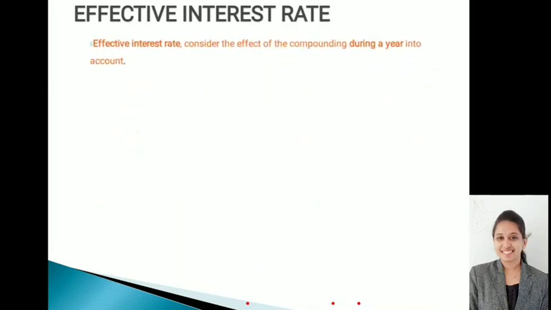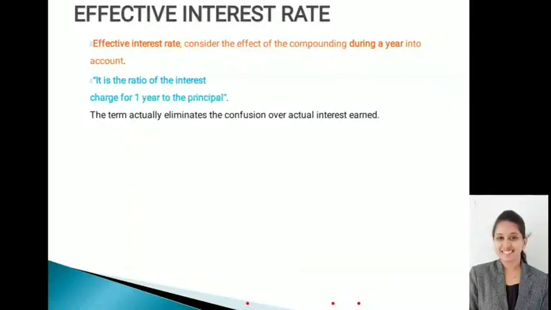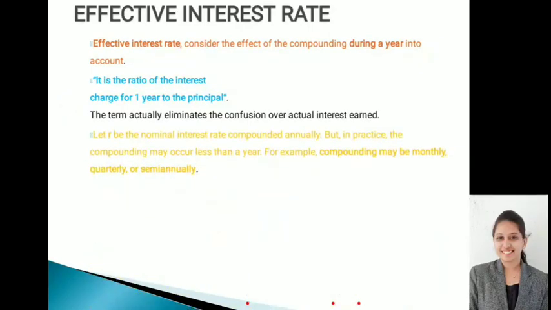This effective rate of interest considers the effect of compounding during a year into account. Thus, it is the ratio of the interest charged in a year to the principal. The term eliminates the confusion over the actual interest that is earned.